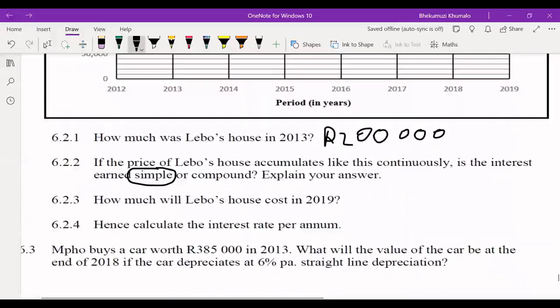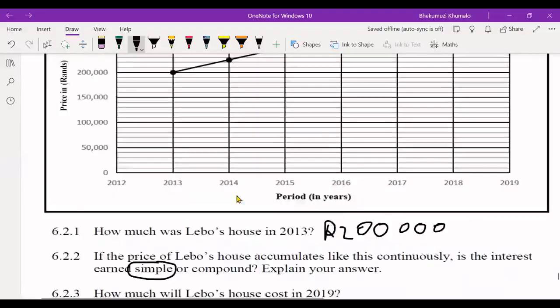There isn't much that they told us, so the best way to do this is by looking at the graph itself.